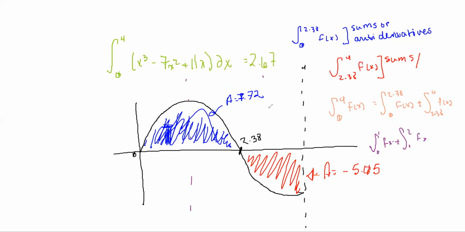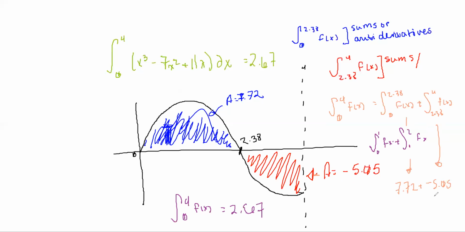So I could chop it into however many pieces I like, but as long as I cover every x value, the integral from 0 to 4 of this function is going to be 2.67, right? Yes. Okay. And the reason is because this is counting negatively, so it's 7.72 plus negative 5.05.